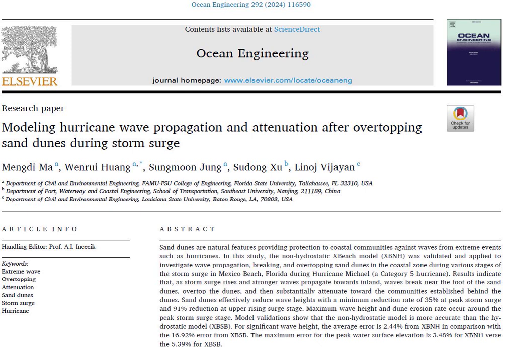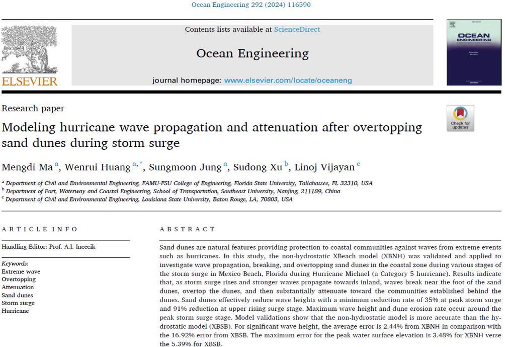However, this accuracy comes at a computational cost. XBSB, the hydrostatic model, averages out those short waves, making it computationally more efficient, but less precise, particularly when modeling erosion. So it's a trade-off between capturing those really fine details of the wave behavior and the computational resources.